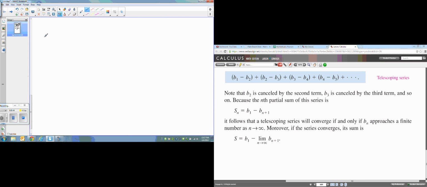So let's take a look at one last example here. Let's take a look at this series. It will be 3 over, oops, forgot my summation notation here. All right, this will be the sum from n equals 1 to infinity of 3 divided by n squared plus 5n plus 4.